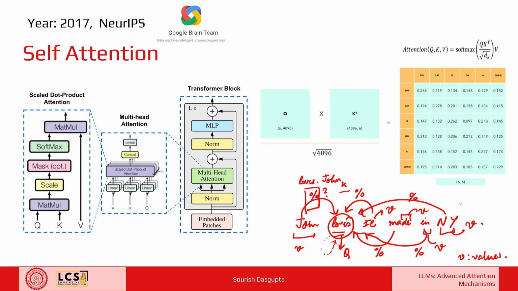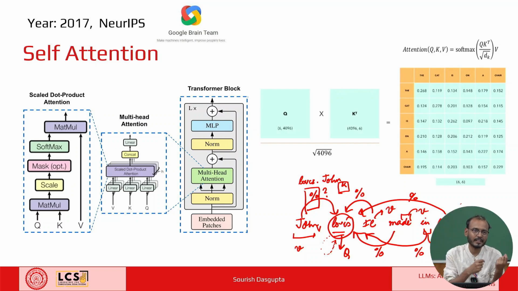And the idea behind why John K is important and why it should be different from John V is because John can be something that is quite unrelated or not that similar, but is still influencing loves in a language modeling sense. But then John's embedding would be quite far away from loves, and you wouldn't get a good dot product. So you don't necessarily have to be close in a neighborhood in order to influence somebody.